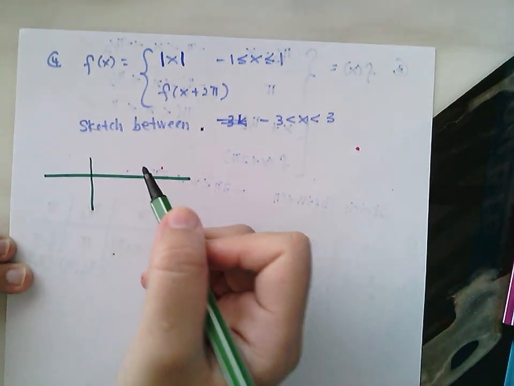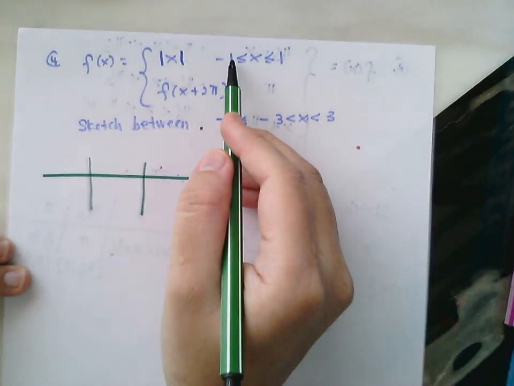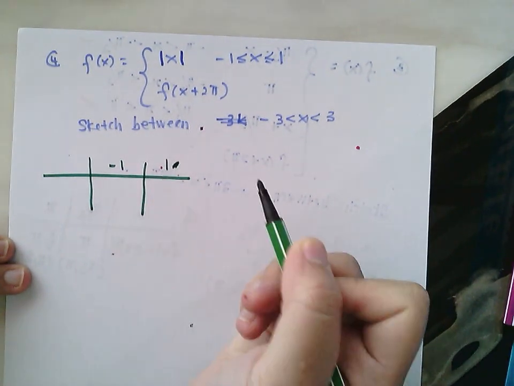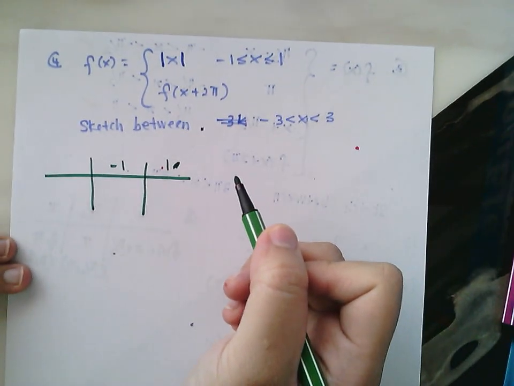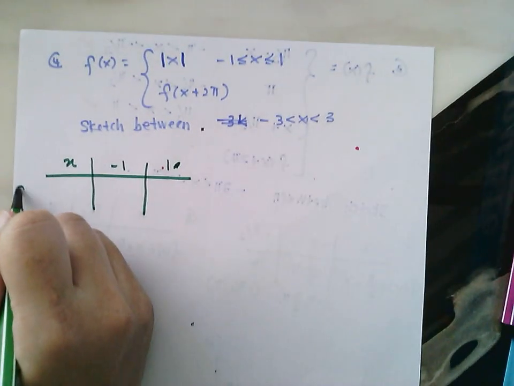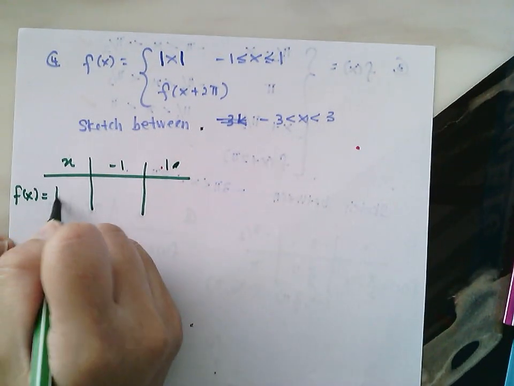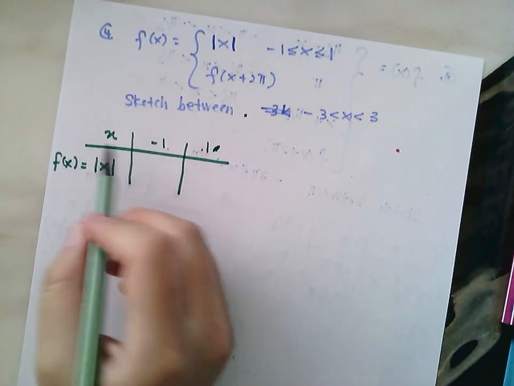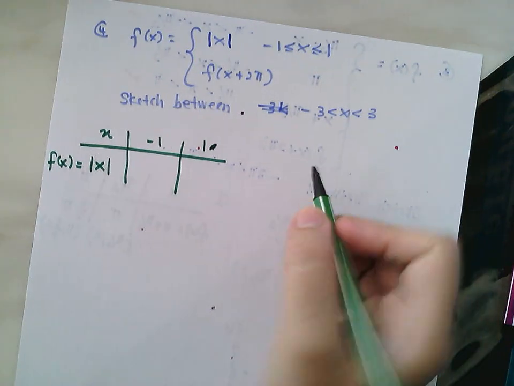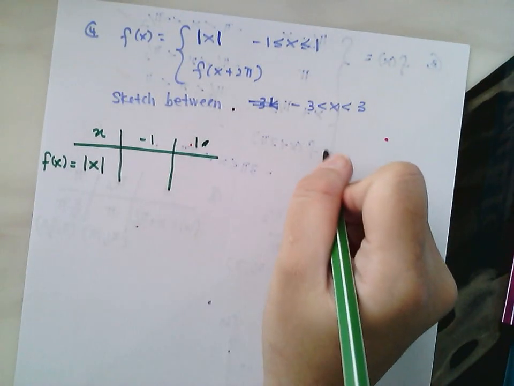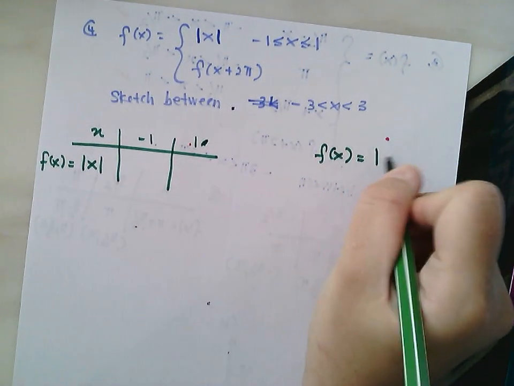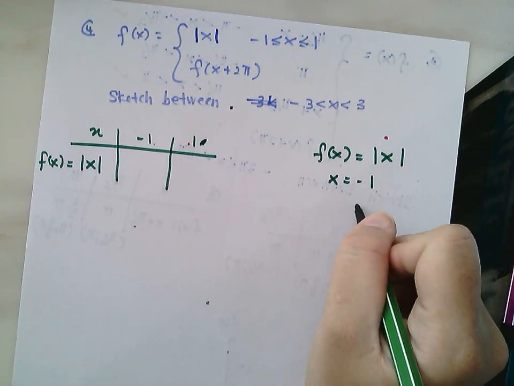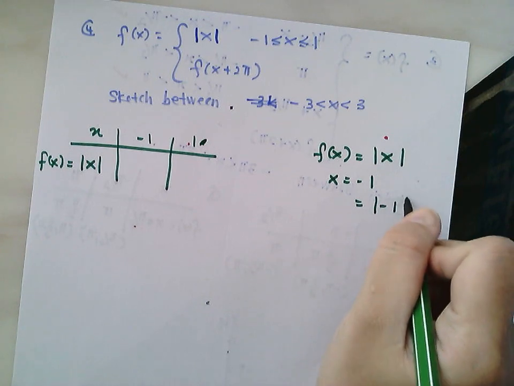By considering x equals negative 1 and another one x equals 1. So this is your x, and your f(x) is equal to the modulus of x. When you substitute negative 1, you have the modulus of negative 1.